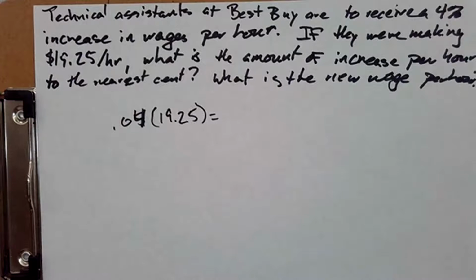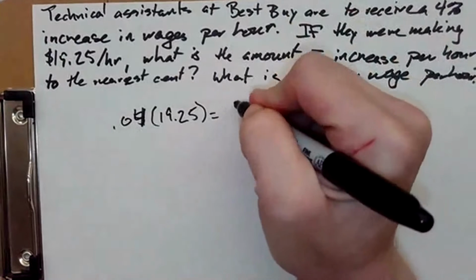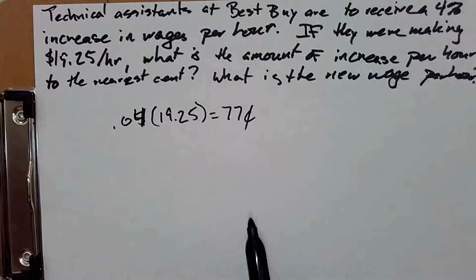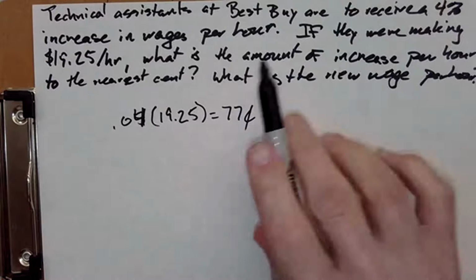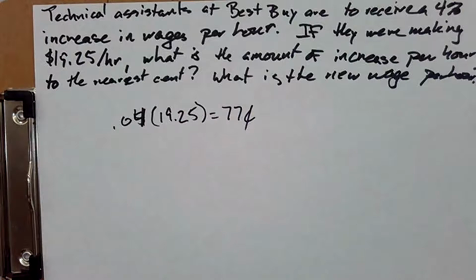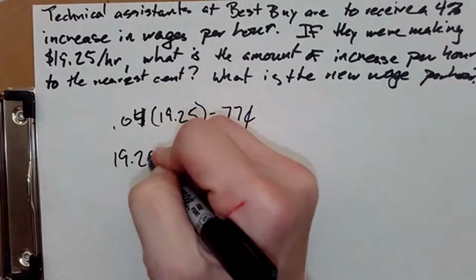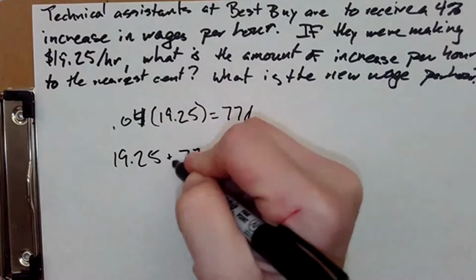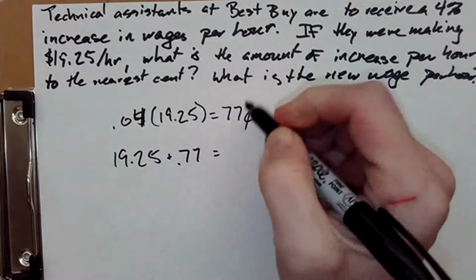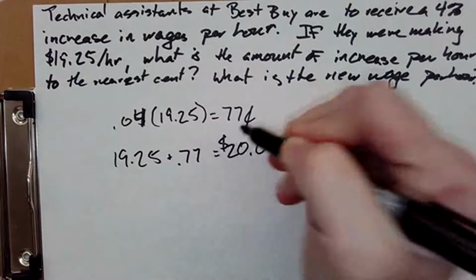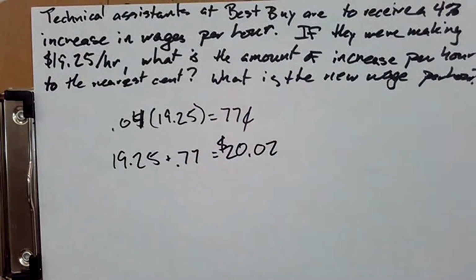And I get 77 cents. Then for the new wage, we add that to the $19.25 per hour. And get 20.02, $20.02.